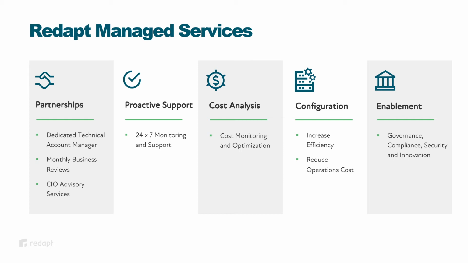Cost is a big portion of this, and so the tools that we've invested into really help us monitor and optimize these costs. They really look for sudden spikes. If all of a sudden you're trending at a cost forecasting that makes sense and you see a giant spike in consumption for some reason, we'll get notified of that, and we'll contact you and make sure that that's an appropriate spike.